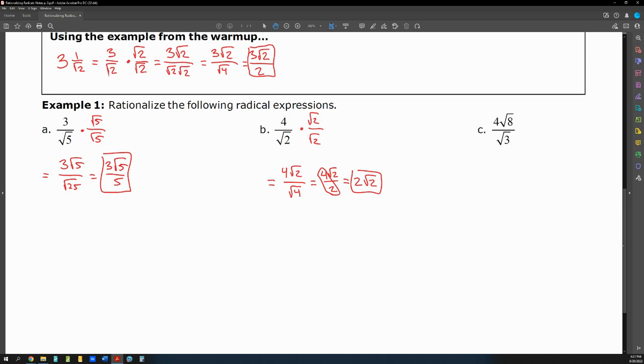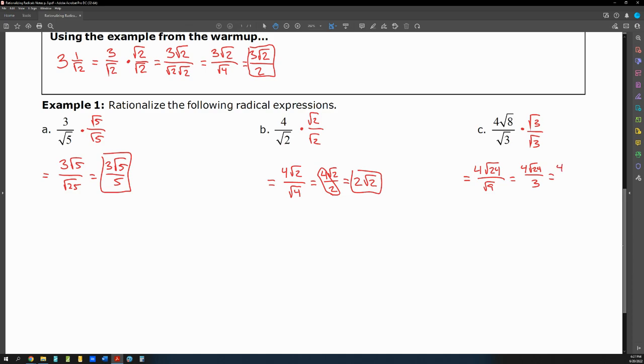And last, let's go ahead and multiply part C by root 3 over root 3. Another clever form of 1. So we have 4 times the square root of 24 over the square root of 9, which is equal to 4 root 24 over 3. And I know that the square root of 24 can be simplified.